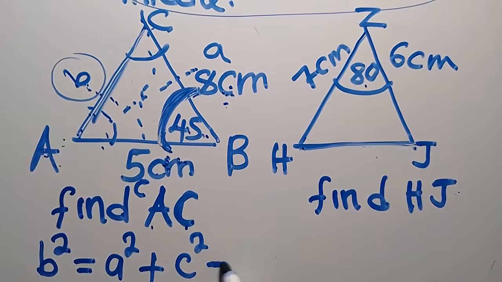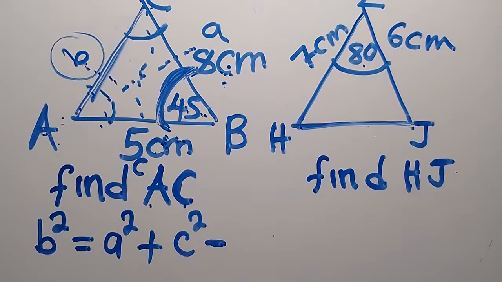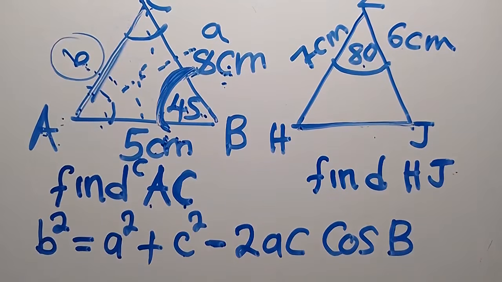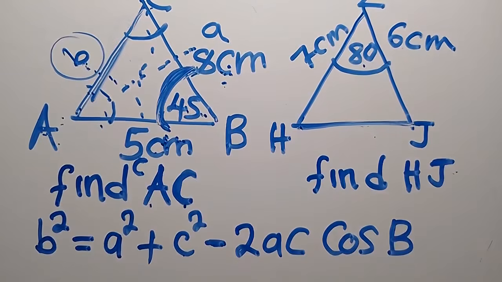Then you say minus 2 times a times c, then cos. Which angle is given? It is B. So this is the formula that you need to know and understand. Hope you are able to get this.